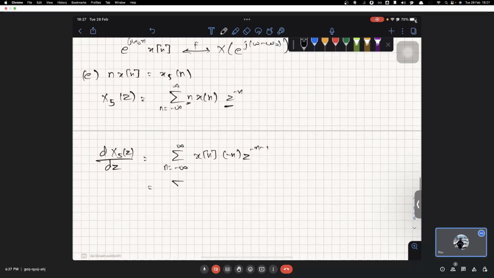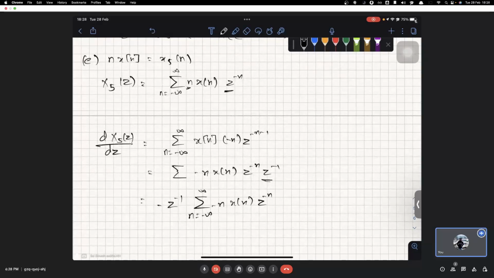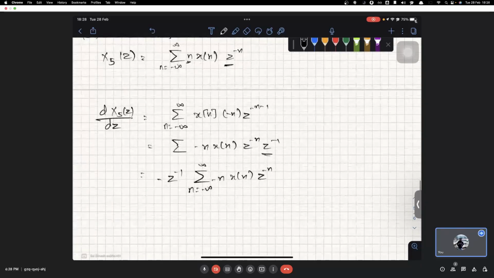So this is equal to minus n into x of n z power minus n, z inverse. If we bring the z inverse outside, minus z inverse times the sum of minus n x of n z power minus n. Exactly. So if we see here now, this part is d x5 of z by dz.